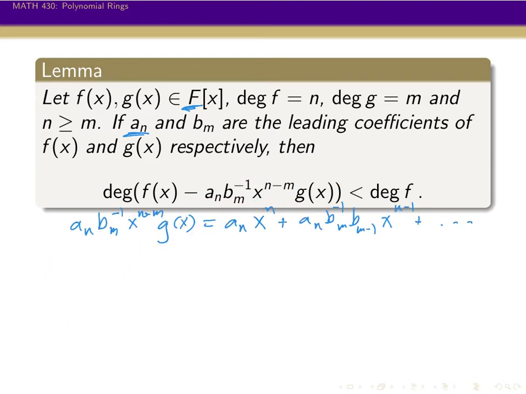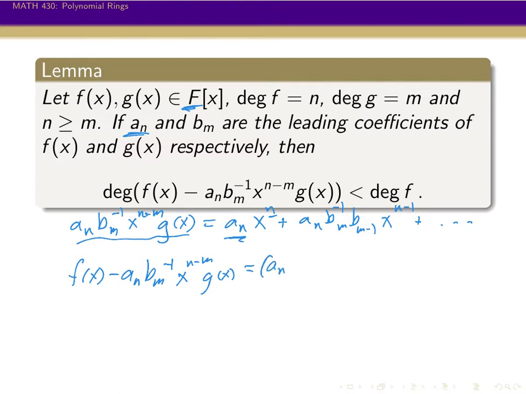I cleared out some space and copied out what we had down below. And so this polynomial is the same degree as f, the same leading coefficient. And so if we subtract them from each other, remember this is all happening coefficient by coefficient.